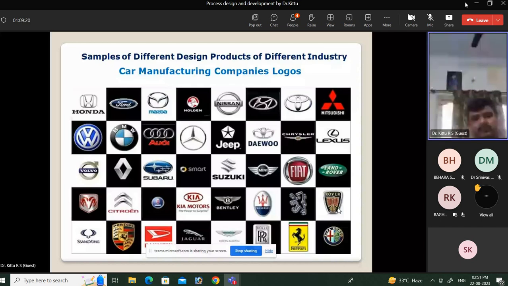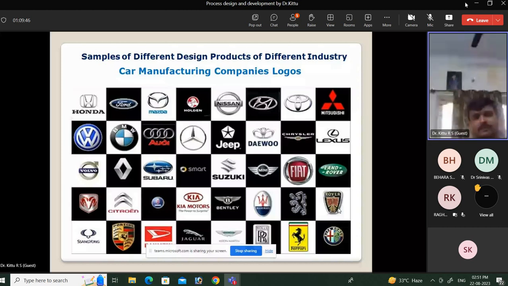Just assume what level of effort they made to design and develop such logos. Every individual logo has its own weightage, its own brand value, its own identity.